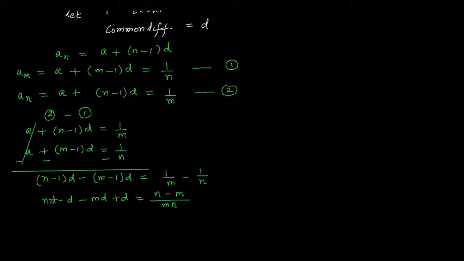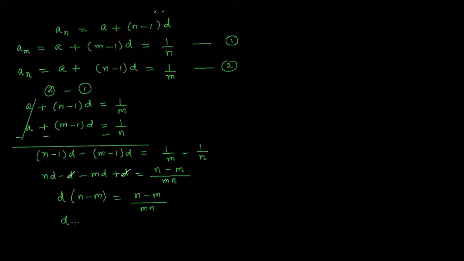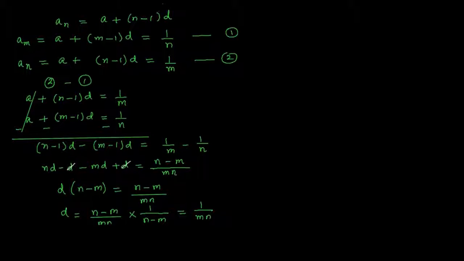Here, we can see d gets cancelled out and we are left with d times n minus m equal to n minus m over mn. So, we can find out the value of d now. D is equal to n minus m over mn multiplied by 1 over n minus m, which is equal to 1 on mn. So, this is the value of d for this particular arithmetic progression.